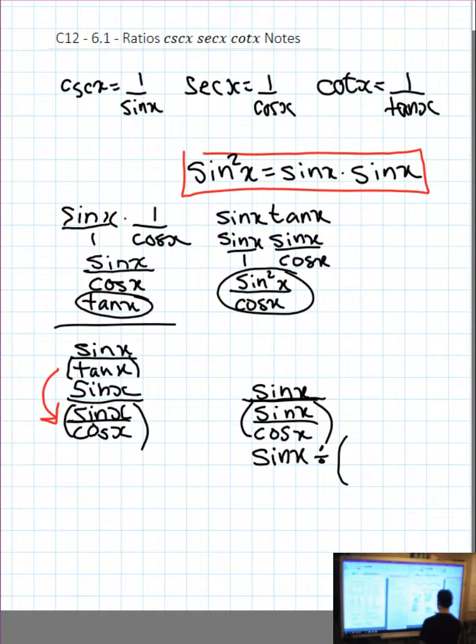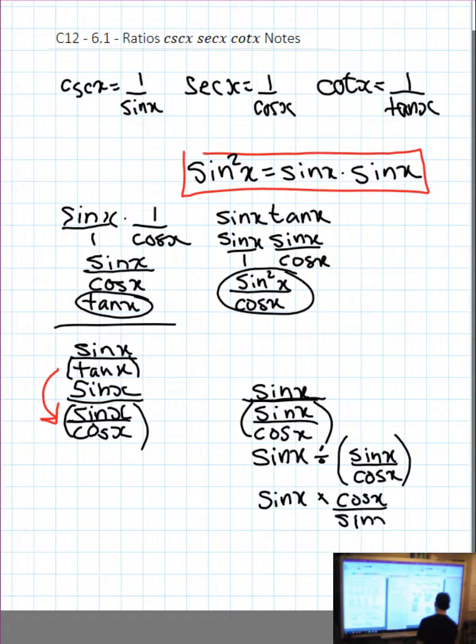I'm going to write it with brackets so it looks very similar. Now I know I'm dividing, and I know from grade 8 that I can flip the second fraction and change to multiply. So sine x times cos x over sine x. They cancel, and I'm left with cosine x. So cosine x is going to be the answer.